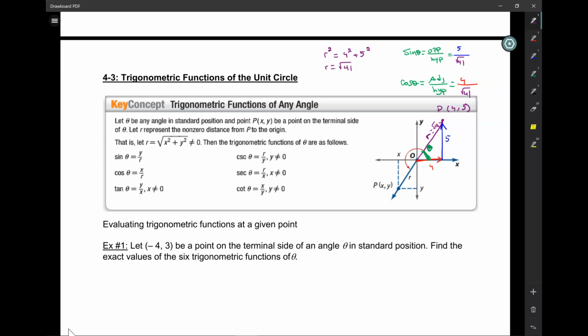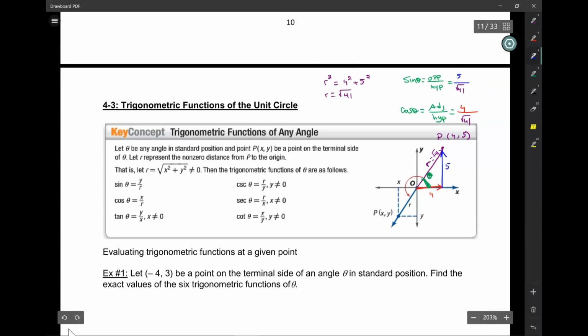So we notice that the opposite side is actually the vertical side, or y over r, and cosine is the adjacent side, or the horizontal side, or x over r, right?